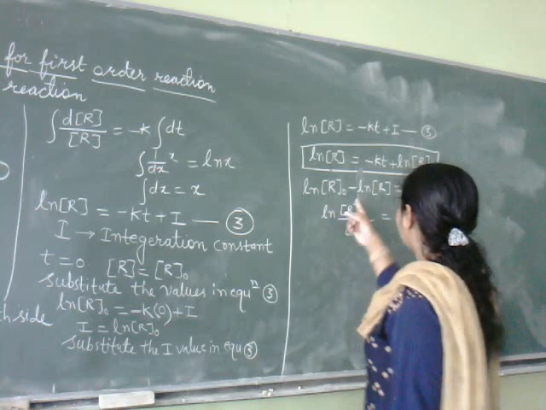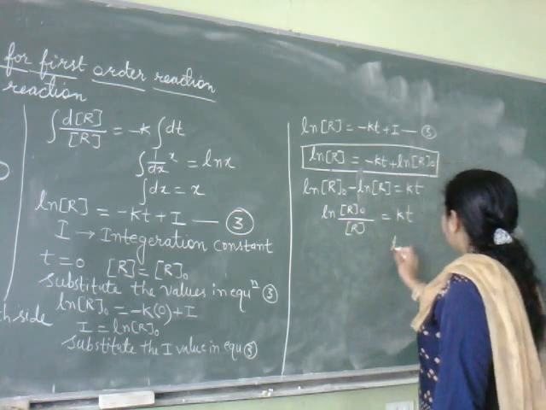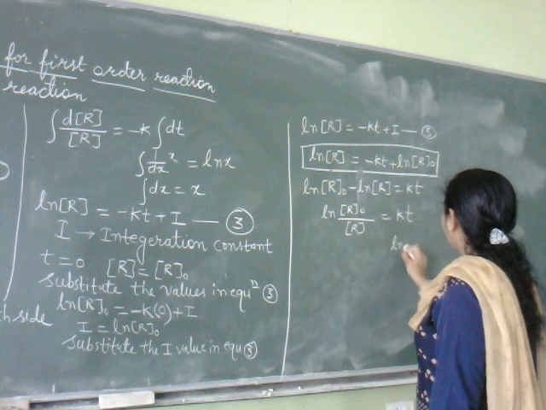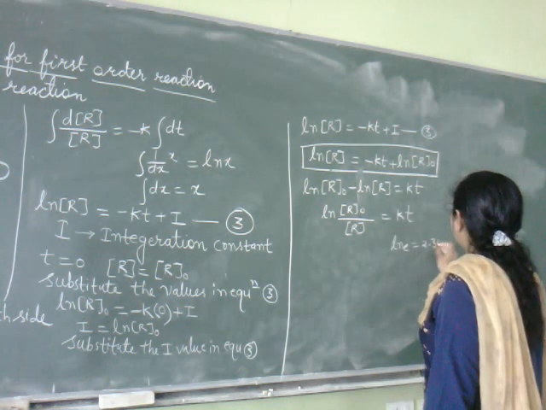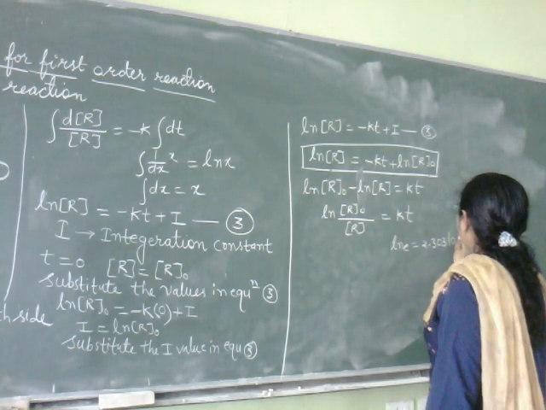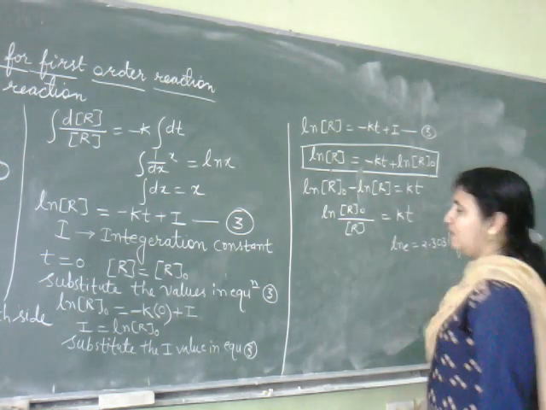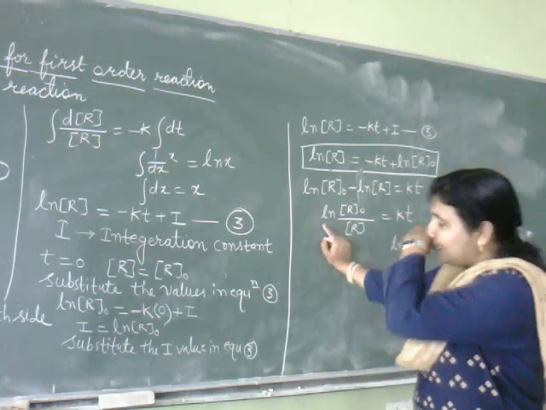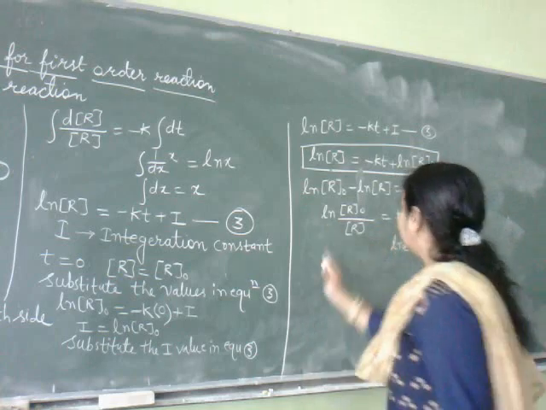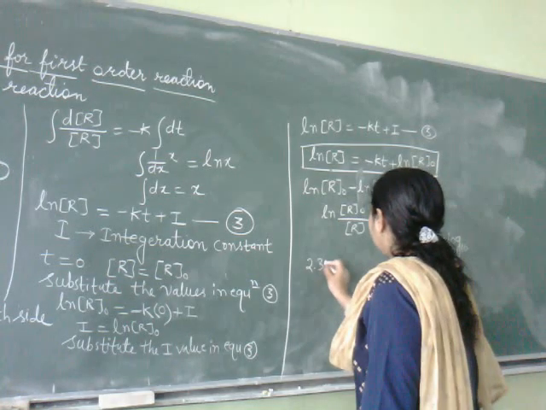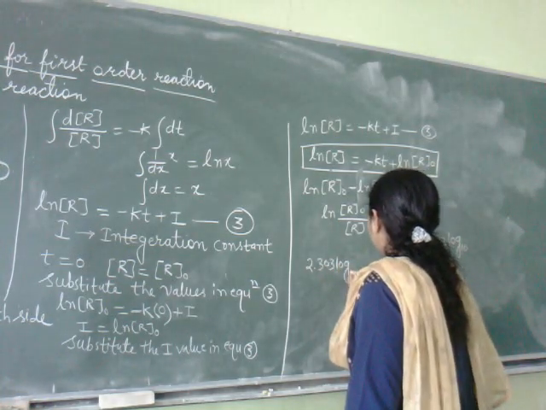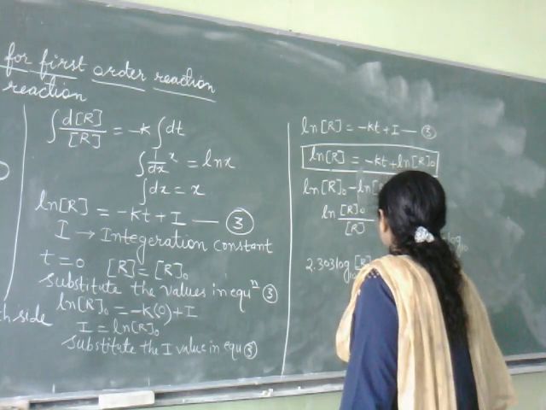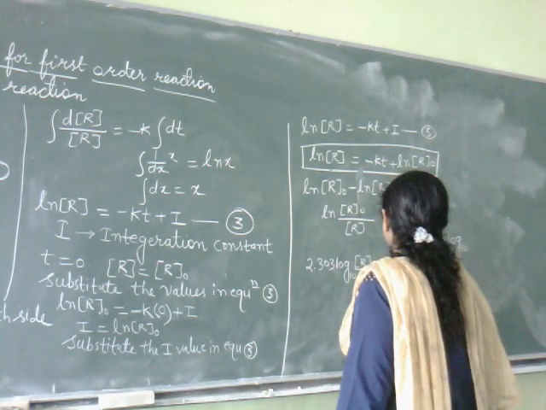Now this is in a natural logarithm. We want to convert it into log 10. So how do we do that? By multiplying with 2.303 log 10, we can convert this natural logarithm into log 10. So we get 2.303 log 10 R naught by R is equal to kt.